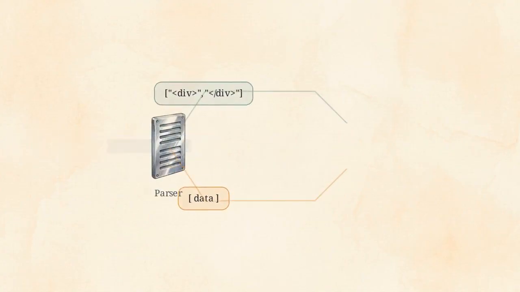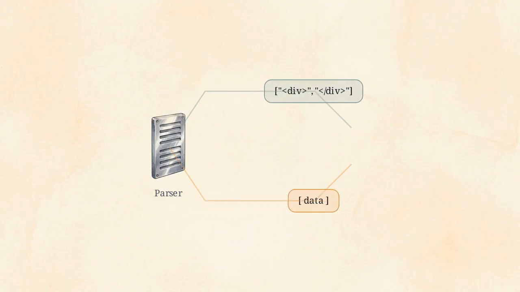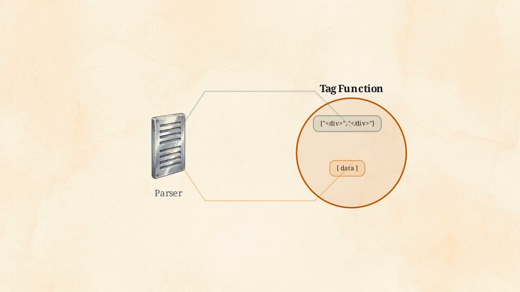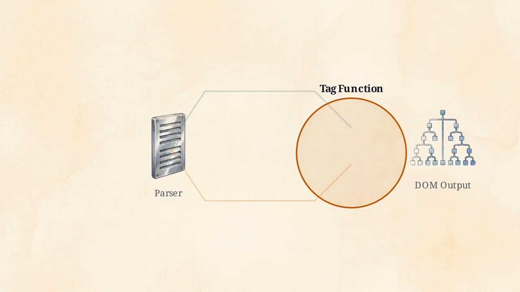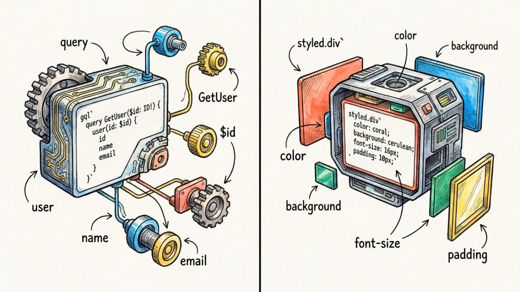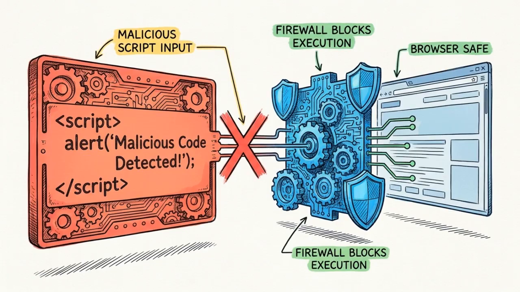The engine separates static text from dynamic interpolated values, storing them in distinct arrays. The tag function receives both, validating or escaping dynamic values before assembling the final DOM output. This intercept is how GraphQL and styled components safely parse domain-specific languages. It moves the security check to the parsing stage, blocking injection attacks before they reach the browser.